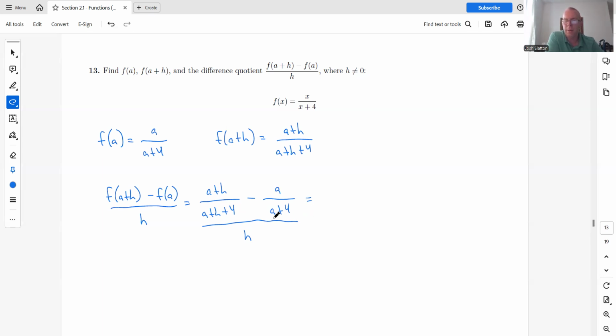And then our common denominator will be actually all of these put together. So let's see what happens. So we have a plus h times a plus 4 minus a times a plus h plus 4. And that is all over h times a plus h plus 4 times a plus 4.